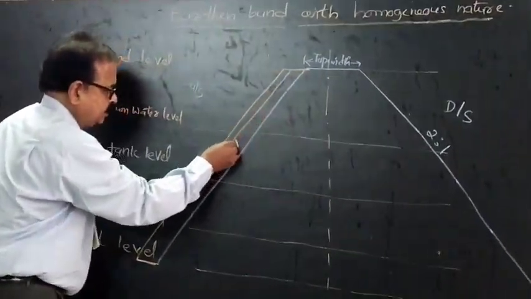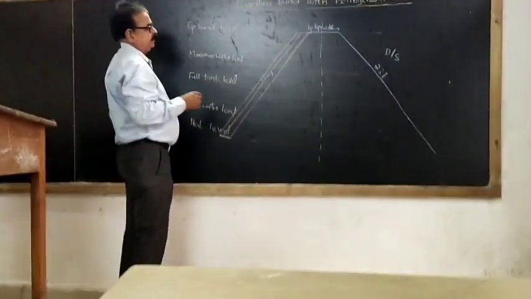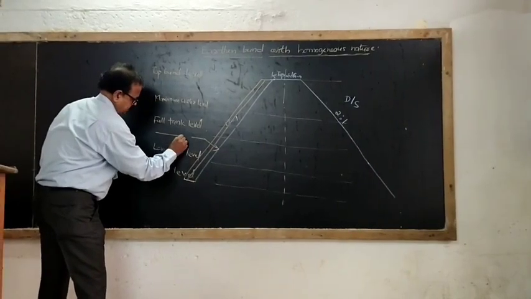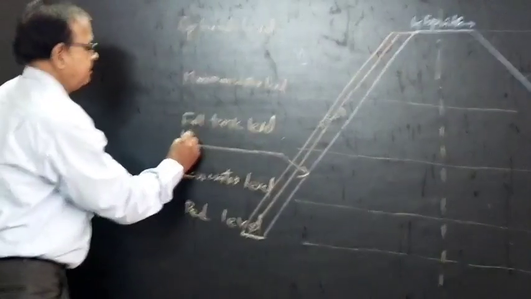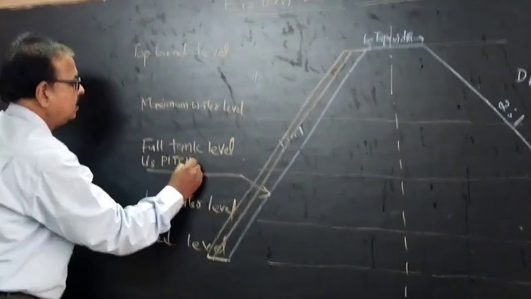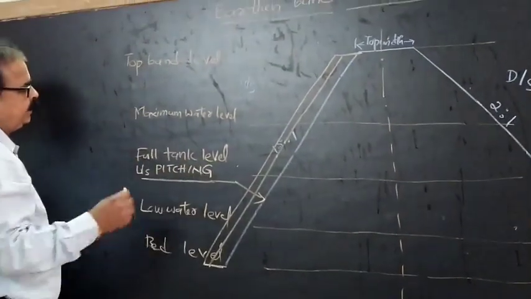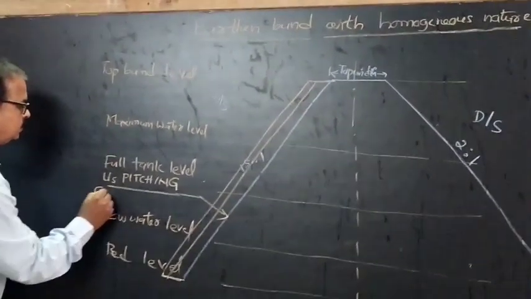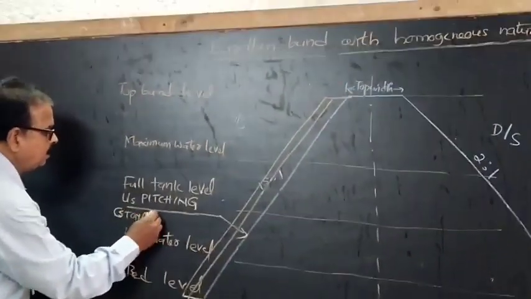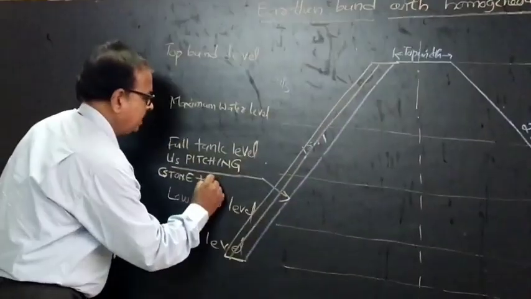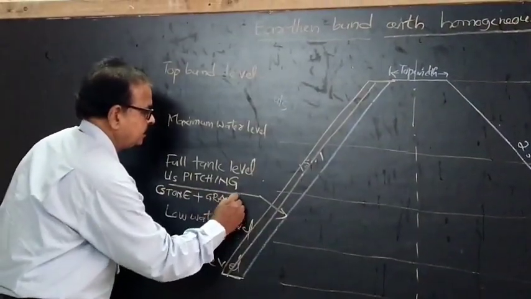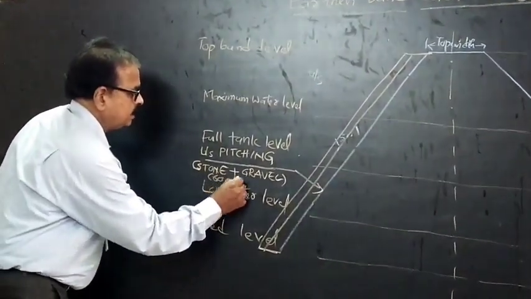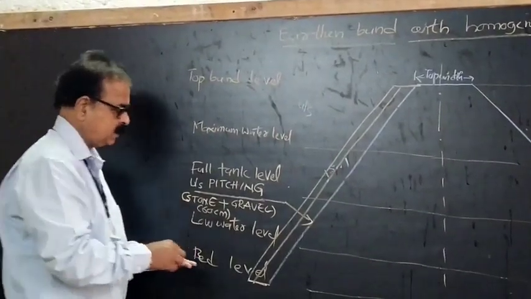It is made of 2 layers: stone, plus gravels, and the total thickness we have to take is 60 centimeters.